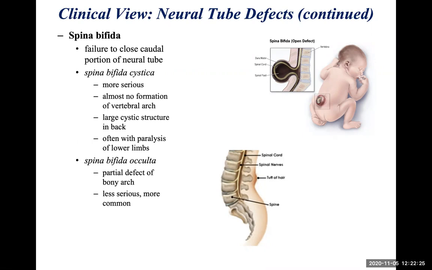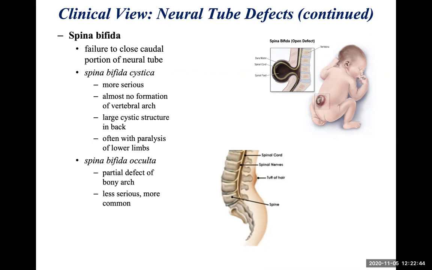And then spina bifida. I want you to know that there are two types and what characterizes spina bifida. Spina bifida occurs when there is failure of closure of the caudal portion of the neural tube. There are two broad types.